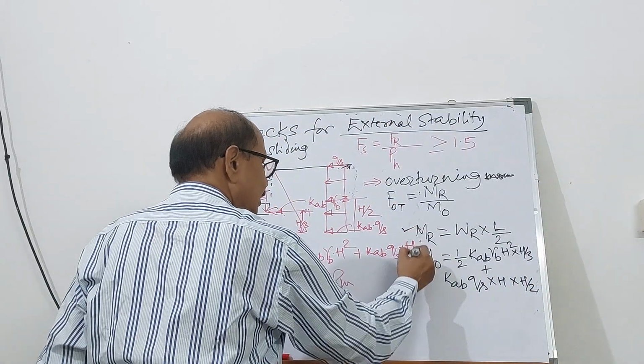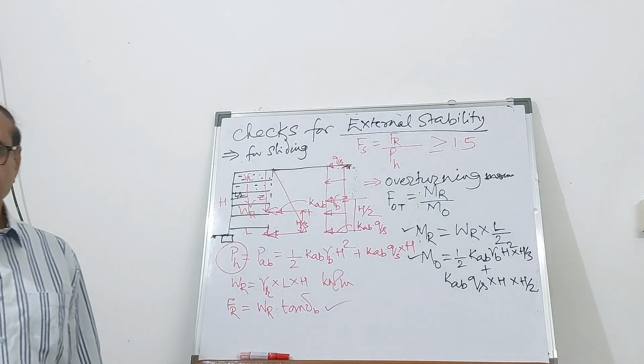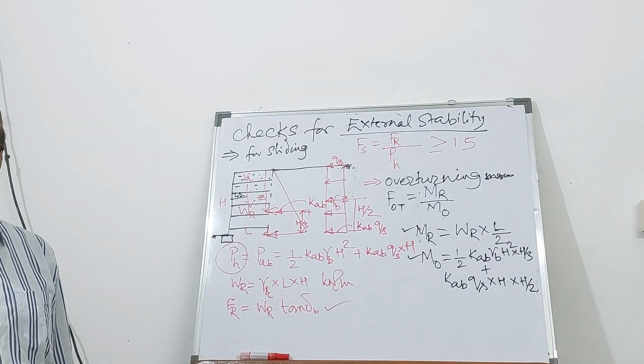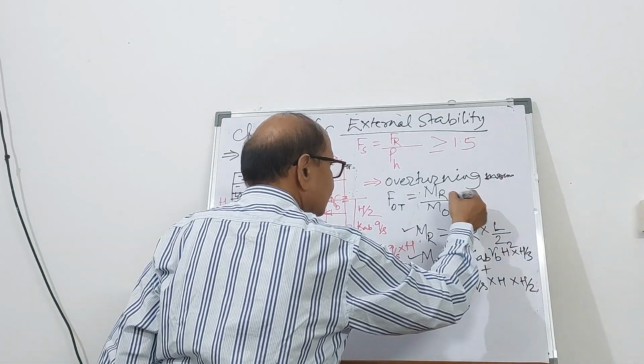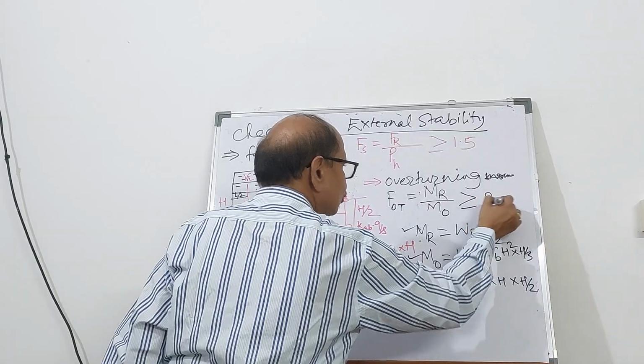So you know MR. Everything is known to you. And therefore, factor of safety you can calculate. This should be greater than or equal to 2.